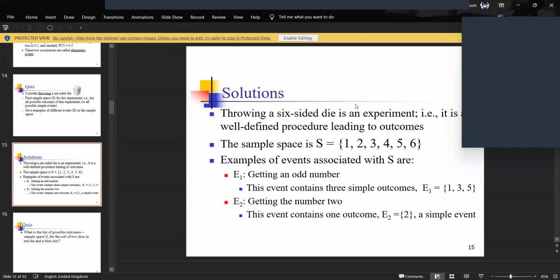But getting an odd number isn't a simple event, because when you set getting an odd number as your event, there are 3 different events that can give you an odd number. Okay? Whereas if you have your event being getting the number 2, then there's only one possible way to get the number 2, which is to get the number 2.